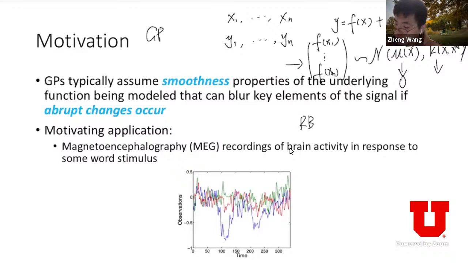RBF. The RBF is just a squared exponential decay function.